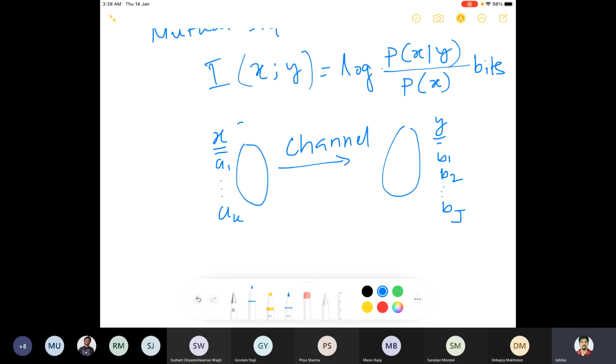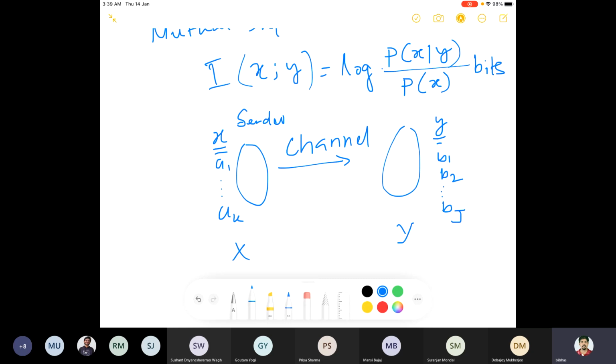The meaning of the channel is that it is a noisy channel, and the sender wants to send some symbols like a1, a2, ak, or some combination of them. We don't know how many symbols the sender wants to send, but they come from a1 to ak, which constitute the sample space of random variable x, and random variable y has sample space b1 to bj.